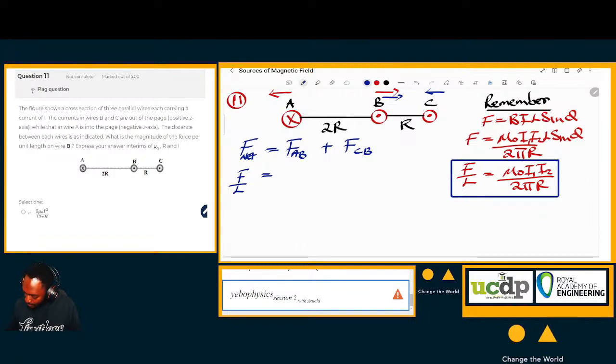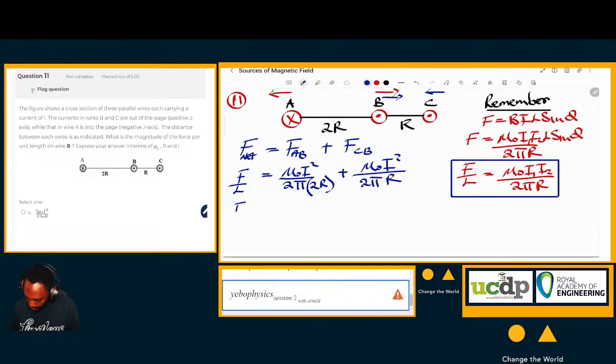But in this case, these conductors are carrying a current of I, all of them, okay? So this becomes mu naught, instead of I1 I2, that becomes I squared, all right? Over 2 pi, the radius, which is 2r, plus mu naught I squared again over 2 pi r, the radius.